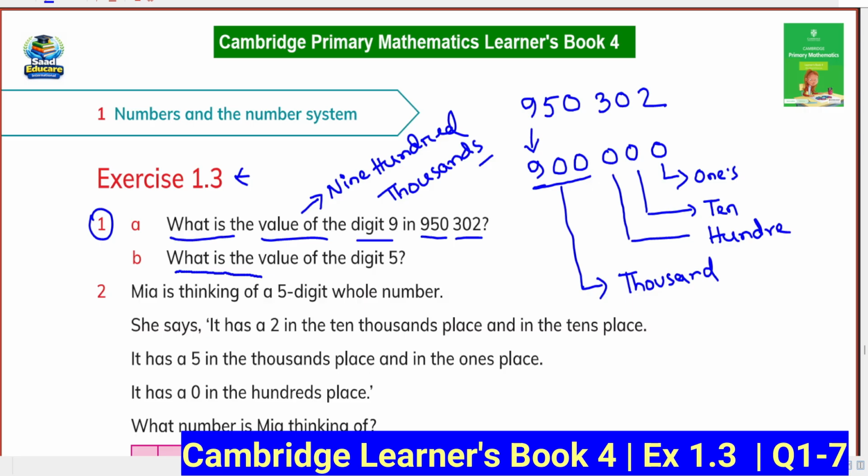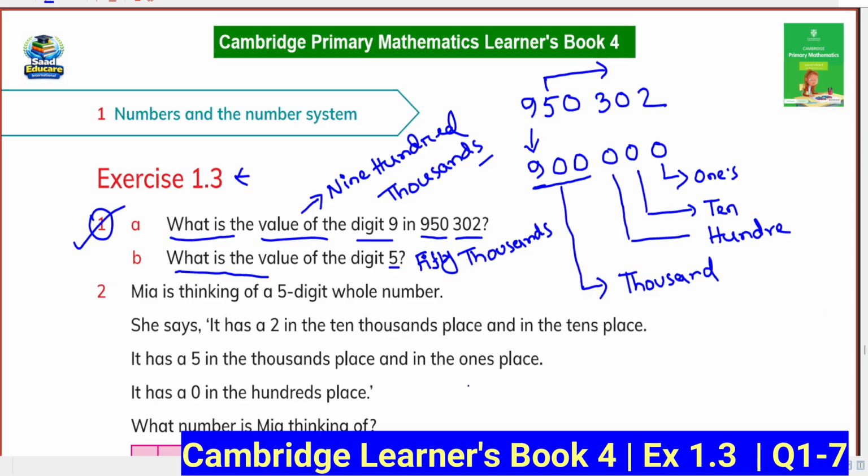What is the value of the 5 digit? Here is the 5 digit. It's 50,000. So we can write 50,000. Okay, so first question answer done.